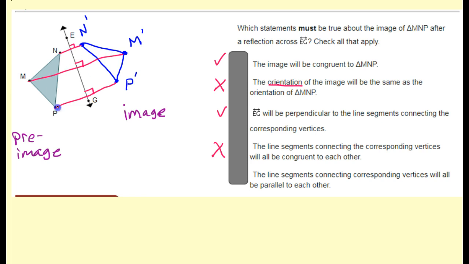So there's nothing that makes these lines connecting corresponding vertices be equal in length. So they're not going to be congruent. The line segments connecting the corresponding vertices will all be parallel to each other. Sure, they are all perpendicular to the reflection line, and they are all parallel to each other. See how they're all going the same direction? So yes, they are all parallel.